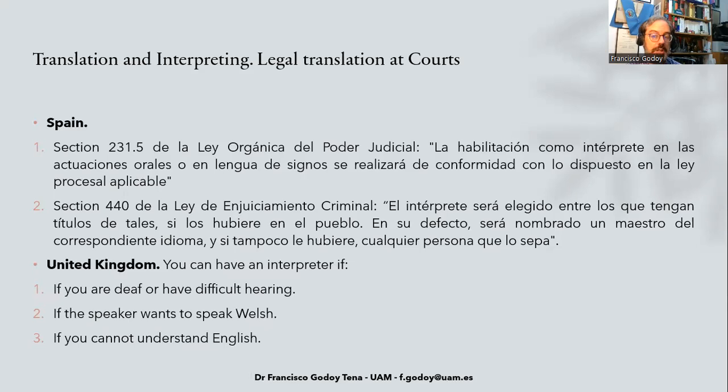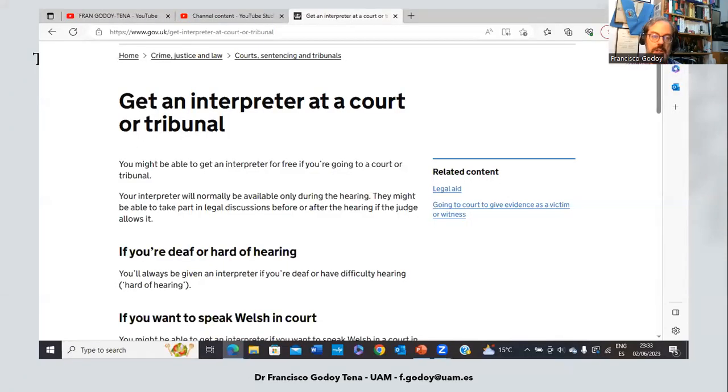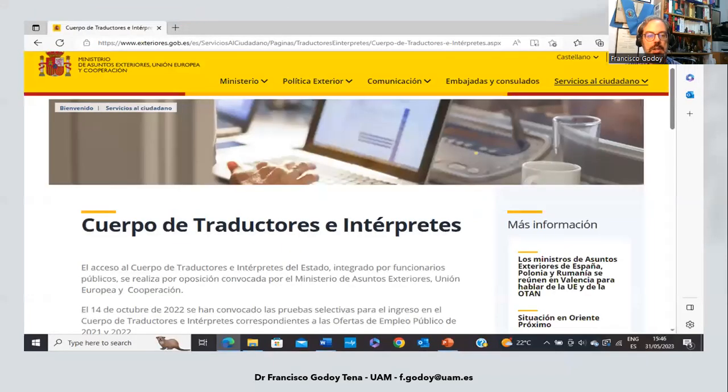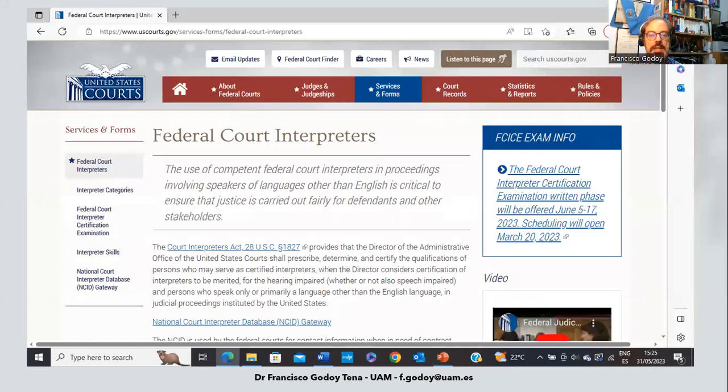In the United Kingdom, you're entitled to have an interpreter if you are deaf or have difficulty hearing, if you want to speak Welsh, and also if you cannot understand English. This is the possible case of the website in the UK, and this is a case of the official website of Traductores e Intérpretes in Spain and also in the US.